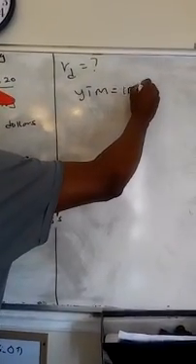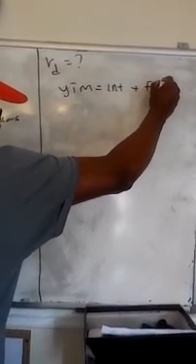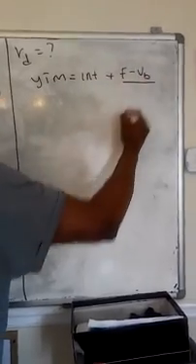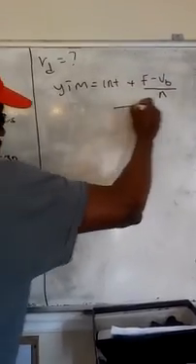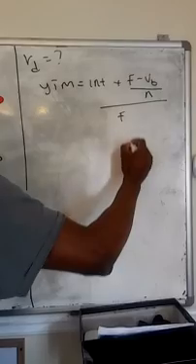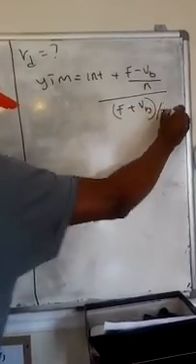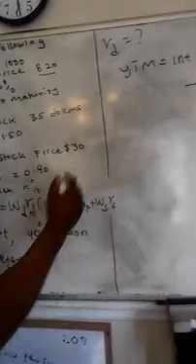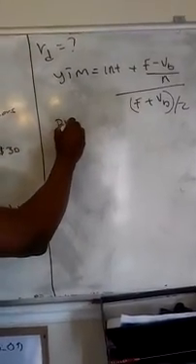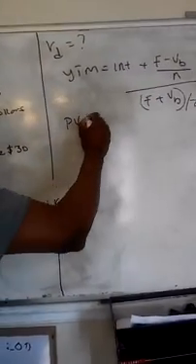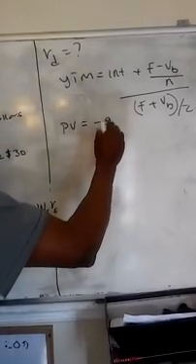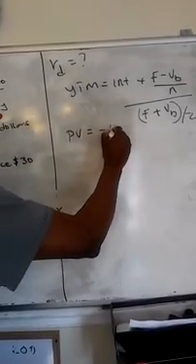Our equation was interest plus the face value minus the value of the bond, divided by the whole thing, face value plus the value of the bond, divided by 2, right? Or we can use Excel, and when you're using Excel here, we have present value. Our present value is going to be negative 820.